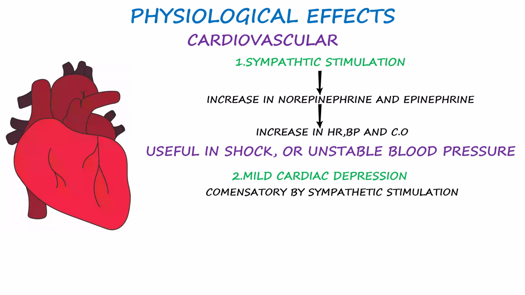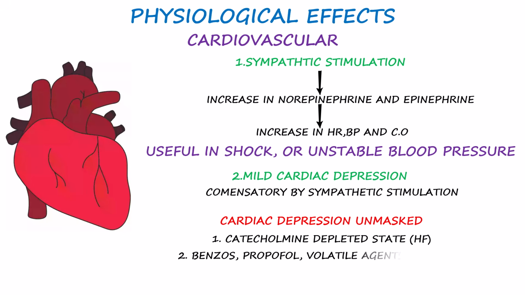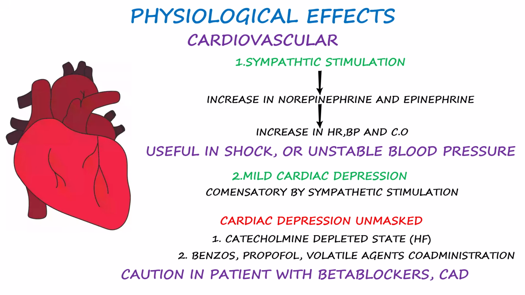However, in catecholamine-depleted patients, for example in prolonged shock and heart failure, the depressant effect may become unmasked, causing hypotension or bradycardia. The sympathetic response can also be blunted by co-administering benzodiazepines and low-dose propofol. In such cases, ketamine should be used with caution, especially in patients on beta blockers or with severe coronary disease.